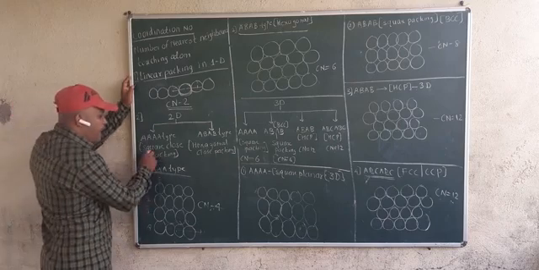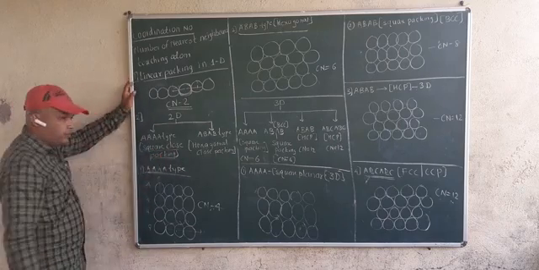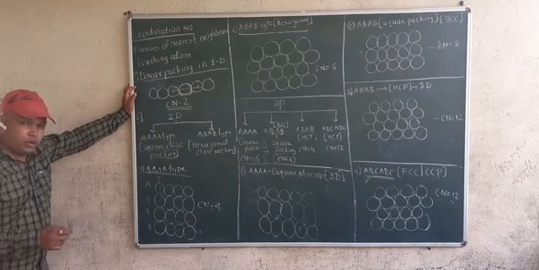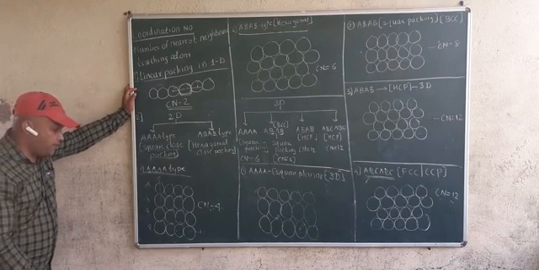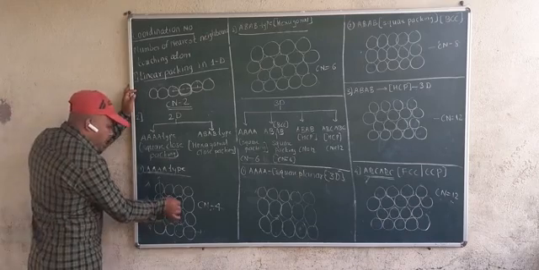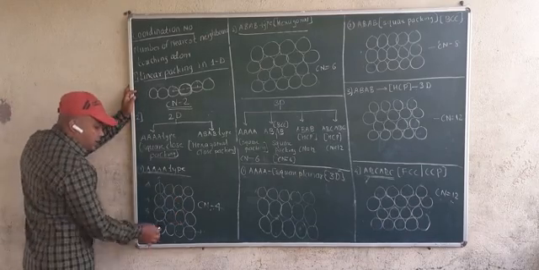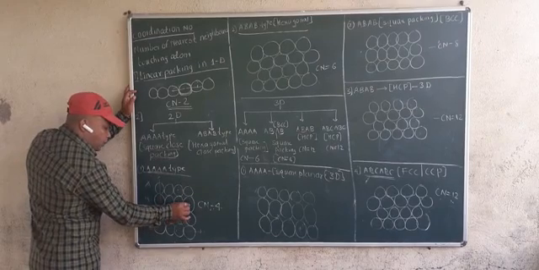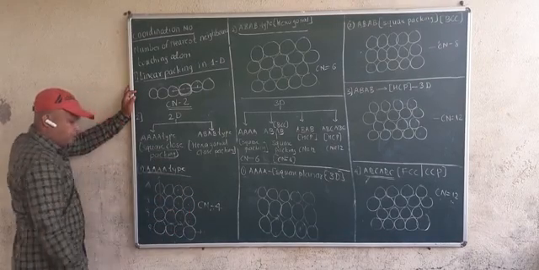But now, why is it called square close packing? You draw it at home and see each circle. If I take this circle as an example, it is touching 1, 2, 3, 4.